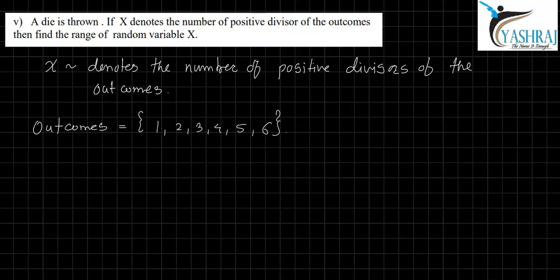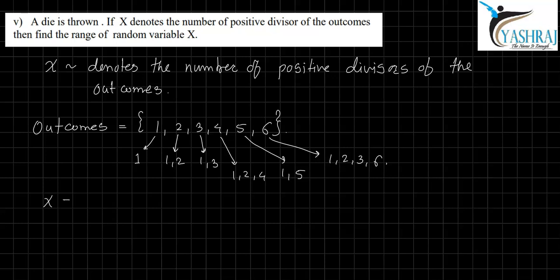So among them, which are the positive divisors of those outcomes? Divisors of 1 is 1 itself. Divisors of 2 are 1 and 2. Divisors of 3 are 1 and 3. Divisors of 4 are 1, 2 and 4. Divisors of 5 are 1 and 5. Divisors of 6 are 1, 2, 3 and 6. So which are the possible values of the random variable capital X?